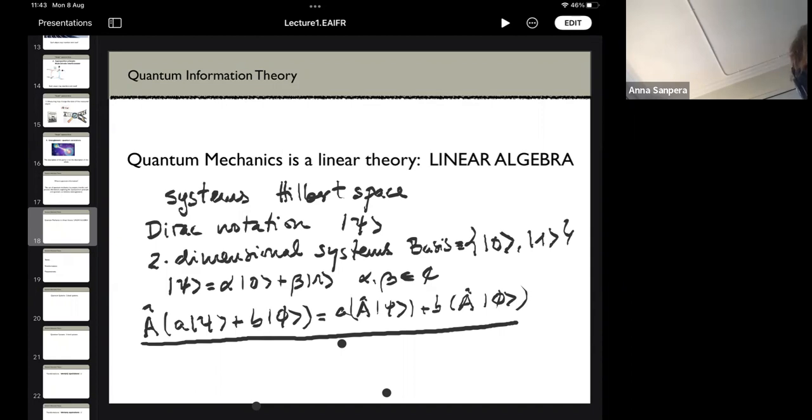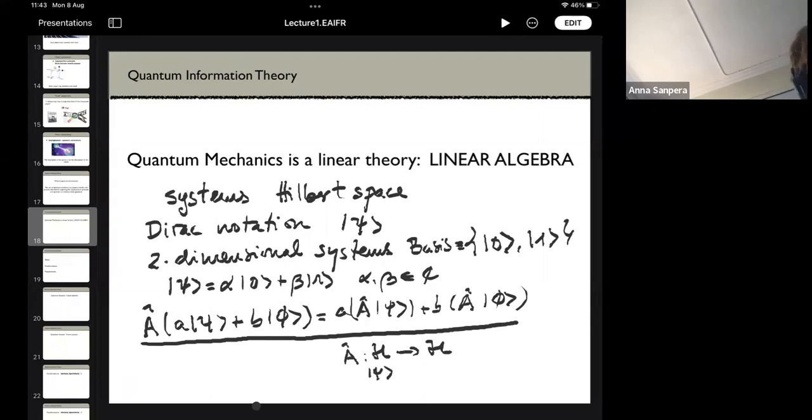My way to write these operators: they are just maps that go from a Hilbert space to a Hilbert space that can be the same or not.